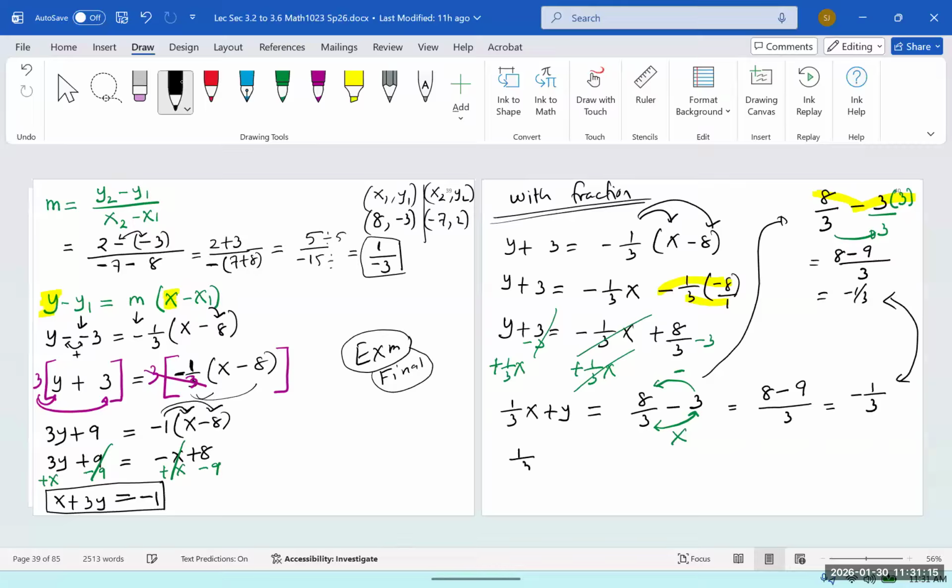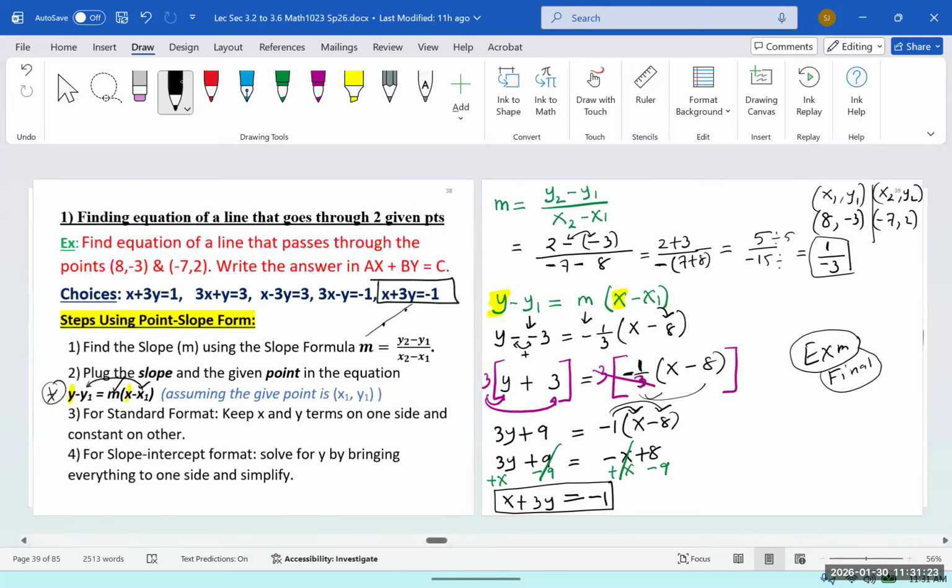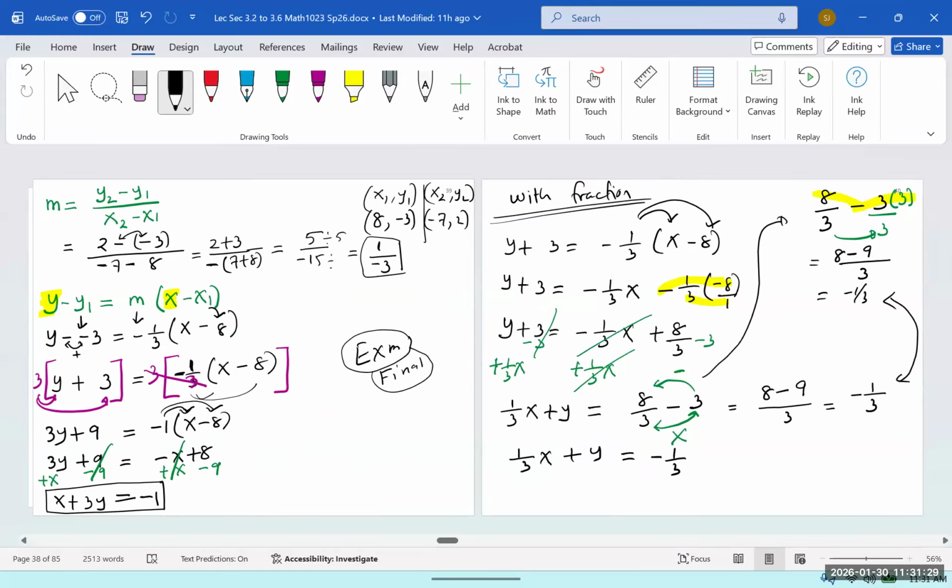So then you have 1/3 x plus y equals -1/3. But if you look at the multiple choices, none of these choices have fractions. That means you need to get rid of these fractions. To get rid of them, you need to multiply each term by the denominator.